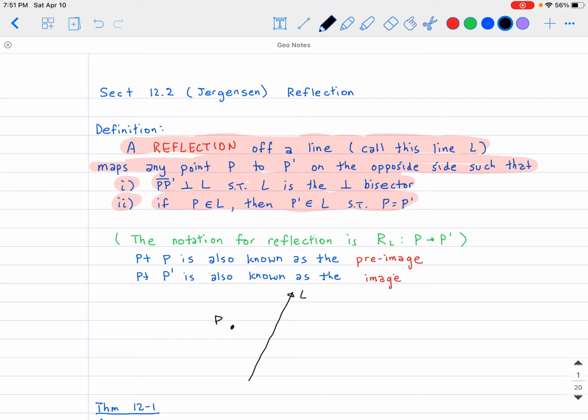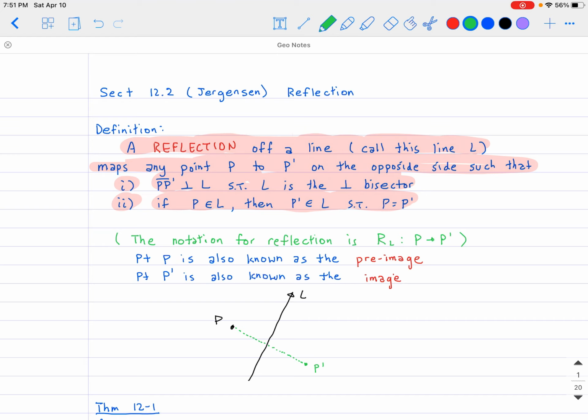So I'm going to take point P and reflect it off of line L. If you think of L as kind of like a mirror, then P is going to be reflected off that line, along a perpendicular, and it goes onto the other side such that it is equidistant to line L. So right here, that is where P prime is going to be.